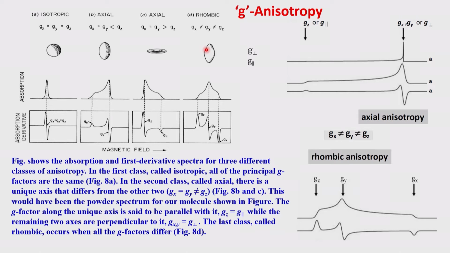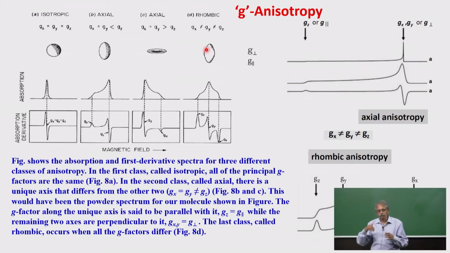And the last category is Gx is not equal to Gy, which is not equal to Gz. That means all three are independent, and then you have a system of this kind. This is what is rhombic. So you can have isotropic, spherical, axial, either in the direction of this or the other way, and then rhombic type. These are the factors which distort the spectrum, which otherwise would have looked very nice, very bright, with all the signature patterns.